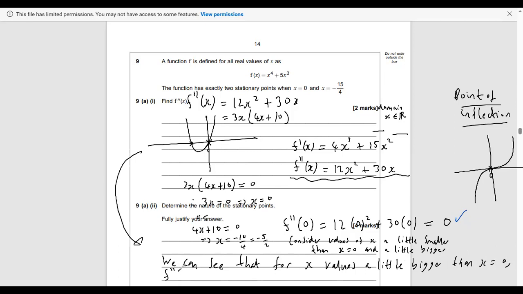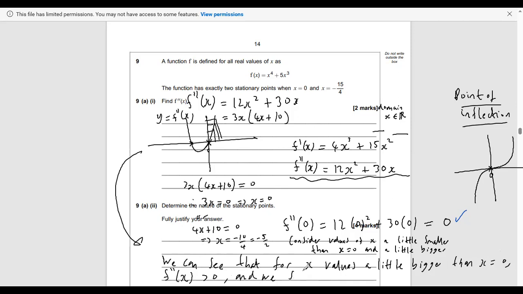So this f'' of x graph is greater than 0. Remember, this curve here is the curve y equals f''(x). For values of x a little bit bigger, we're getting positive numbers on the y-axis. So we have a positive second derivative when x is a little bit bigger than x equals 0.